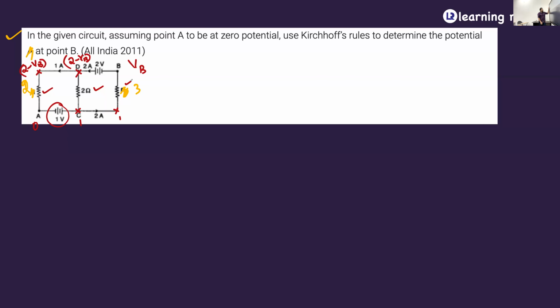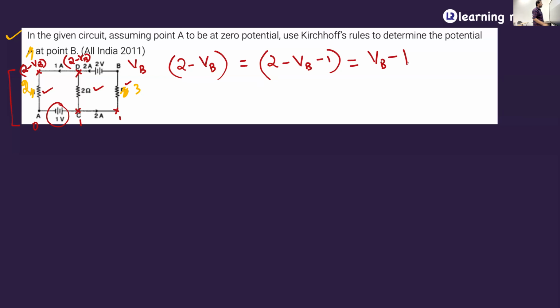So what can we do? 2 minus VB minus 0 is the same as 2 minus VB minus 1 is the same as... sorry, did I miss something?